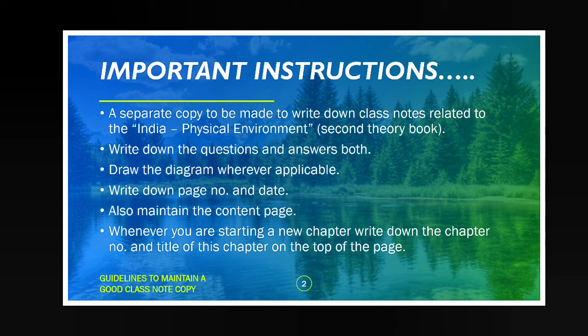So here you have to make a separate copy for the second theory book, that is India Physical Environment, and you have to write down the questions and answers both in the copy, or the heading, then the answer, or the explanation or the details.